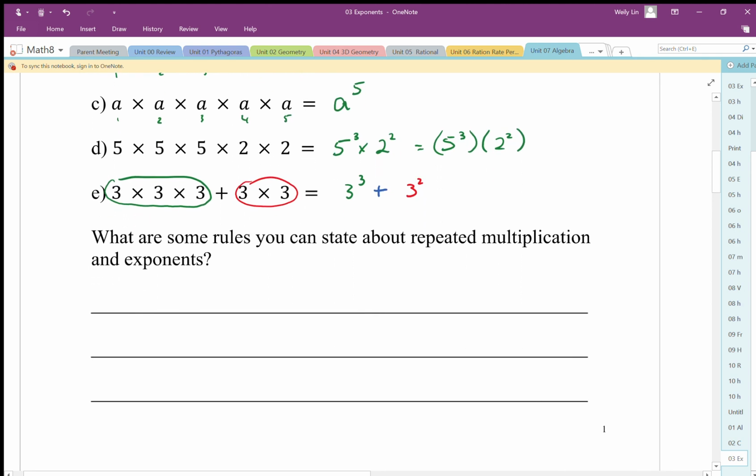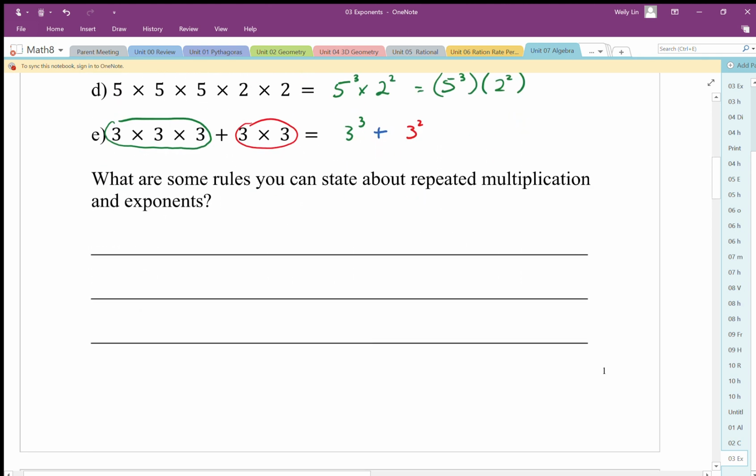So what are some rules that you can state about repeated multiplication and exponents? Well, one thing is plus, minus, and powers don't mix. They just do not mix. We cannot mix powers and plus minus.